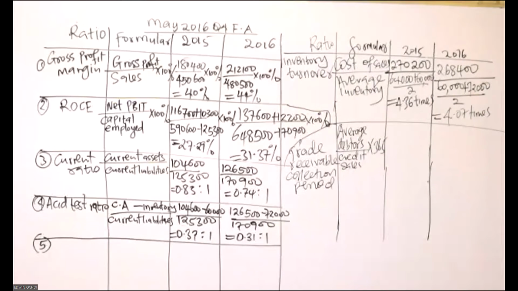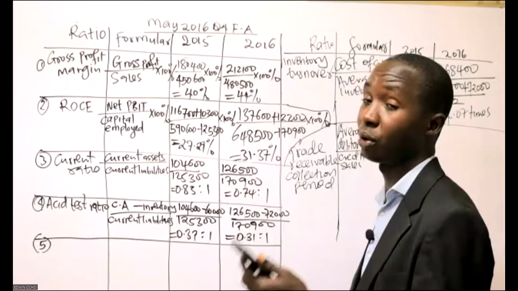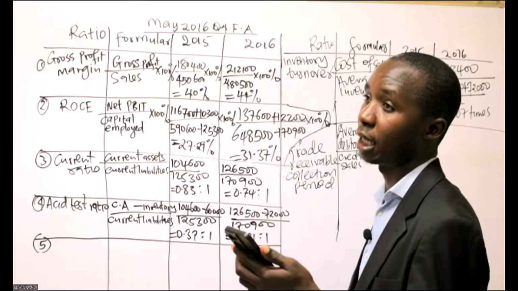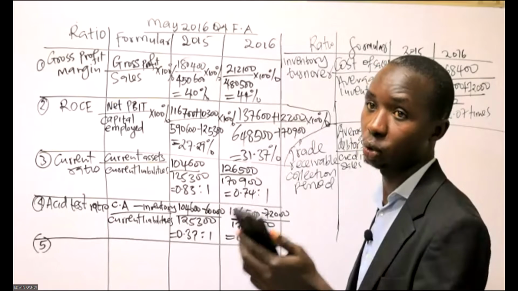So average debtors, now do we have the one for 2014? We don't have the debtors balances for the year ending 2014.